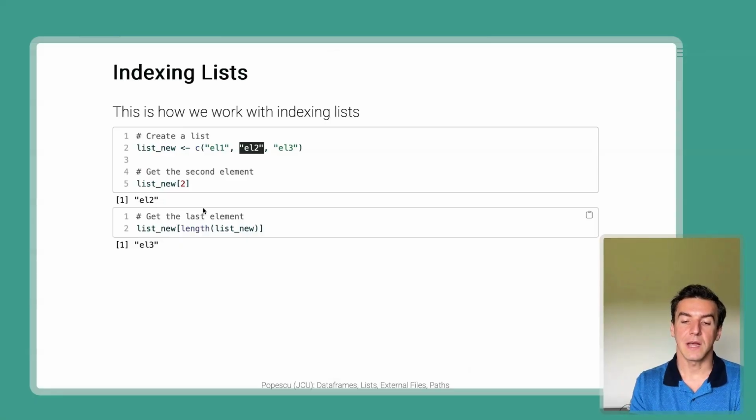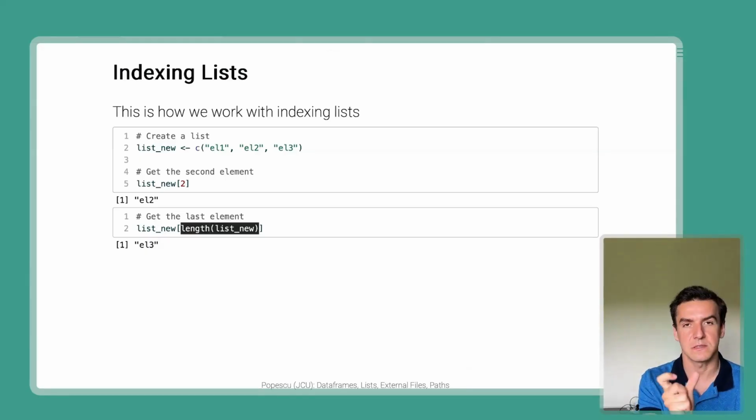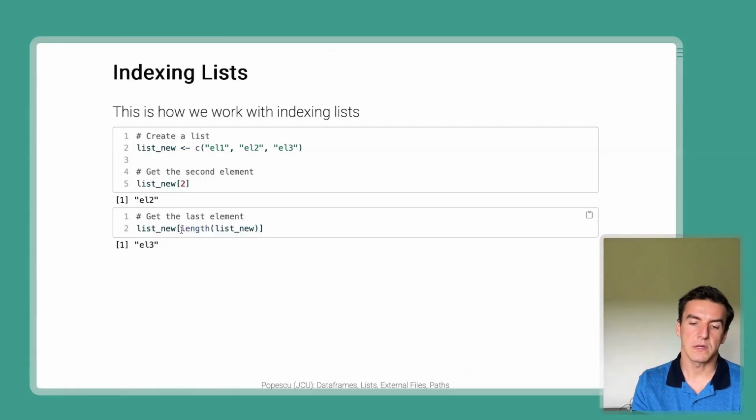Okay, how do we get the last element? The easiest way to do that is to, first of all, establish how many elements we have in that list. So if you remember from before, length is the function that allows us to identify the size of a vector. So this is going to give us 3 because it's made out of 3 elements.